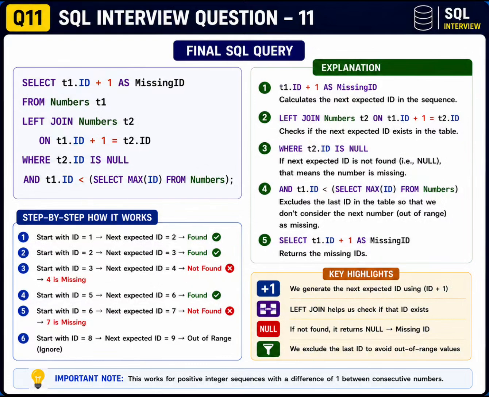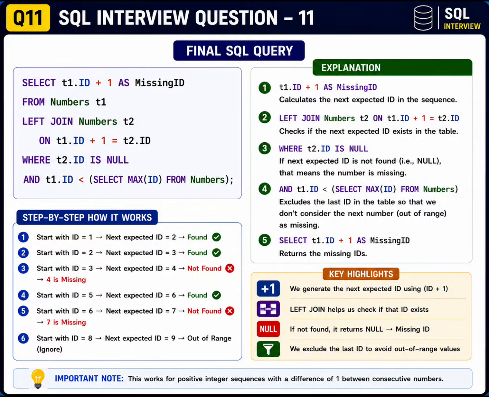Select T1.ID + 1 as missing_ID from numbers T1 left join numbers T2 on T1.ID + 1 = T2.ID where T2.ID is null. Here we are also using a subquery: select max ID from numbers.